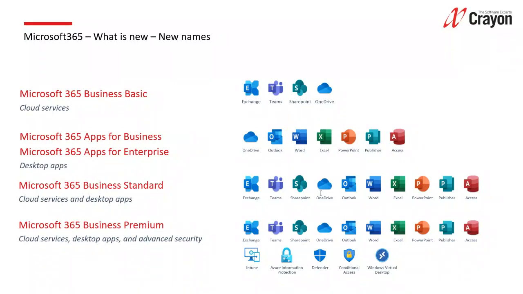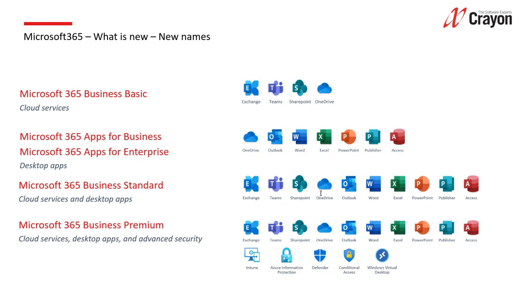These are an overview of the functionalities, and you will see some of them in the future slides. I just want you to have a look at all the plans and functionalities. So we have M365 Business Basic that offers OneDrive, Exchange, Teams, and SharePoint. Microsoft Apps for Business and Enterprise offer basically the same services.